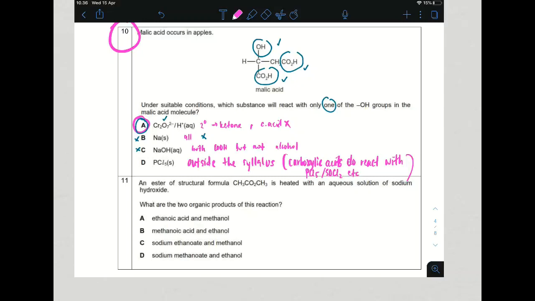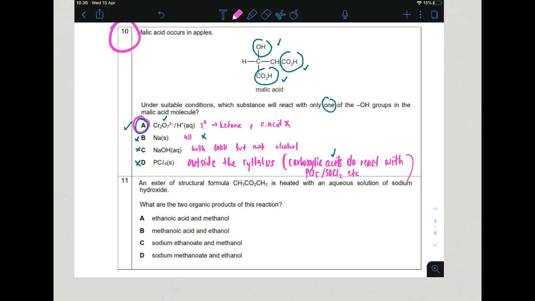Carboxylic acid also reacts with PCl5, where the OH is replaced by Cl. Carboxylic acids do react with PCl5, SOCl2 and so on. So PCl5 can react with the OH and with the carboxylic acid group as well, so it will not be the answer. The answer is going to be A.